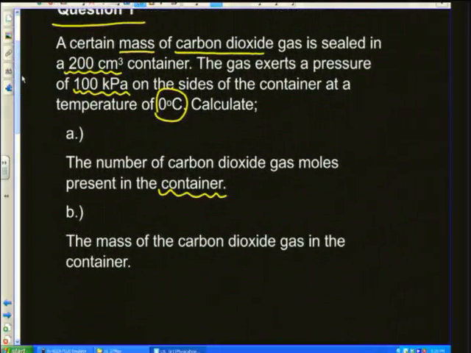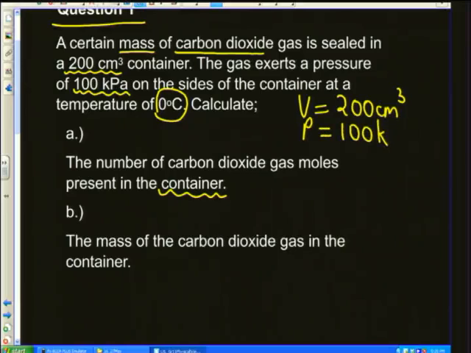Now, if you check on what is given to us, let me just list them on the side here. We are given the volume in which the gas is kept. The volume is 200 cubic centimeters. And we are also given the pressure that the gas is at. So pressure is 100 kilopascals. All right?